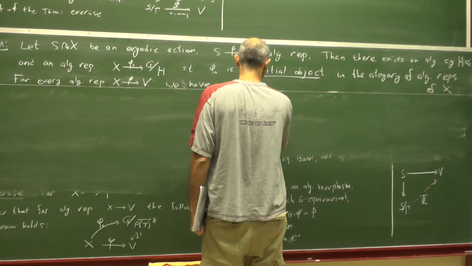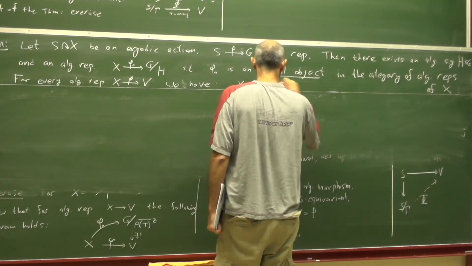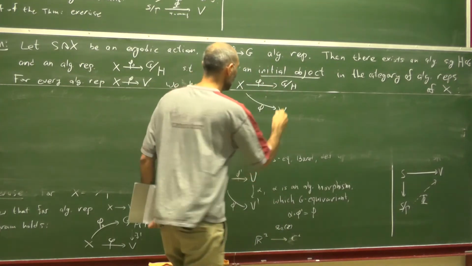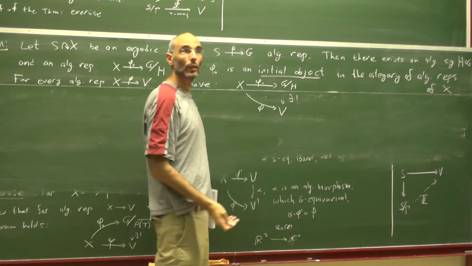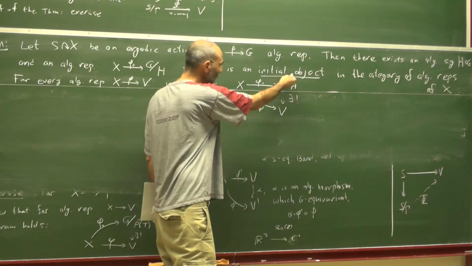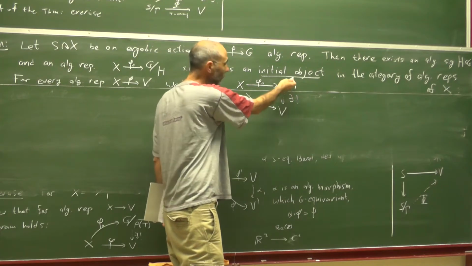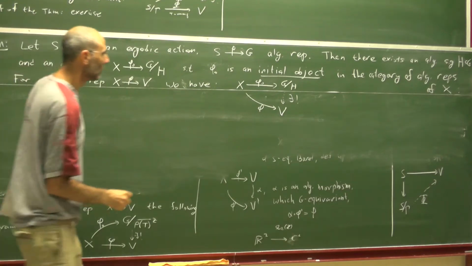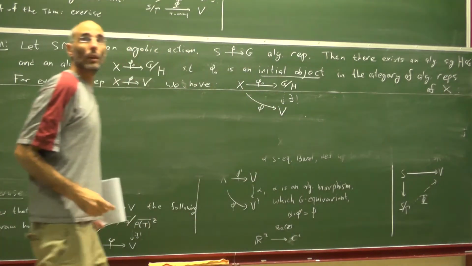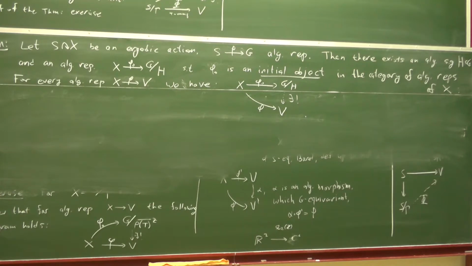Here is phi, here is G mod H, this is phi naught, and there exists a unique morphism such that, of course, by morphism I mean with all the adjectives here, this is a G map between varieties, and this commutes. Okay, and the proof of it is very, very easy. So I will give it now.